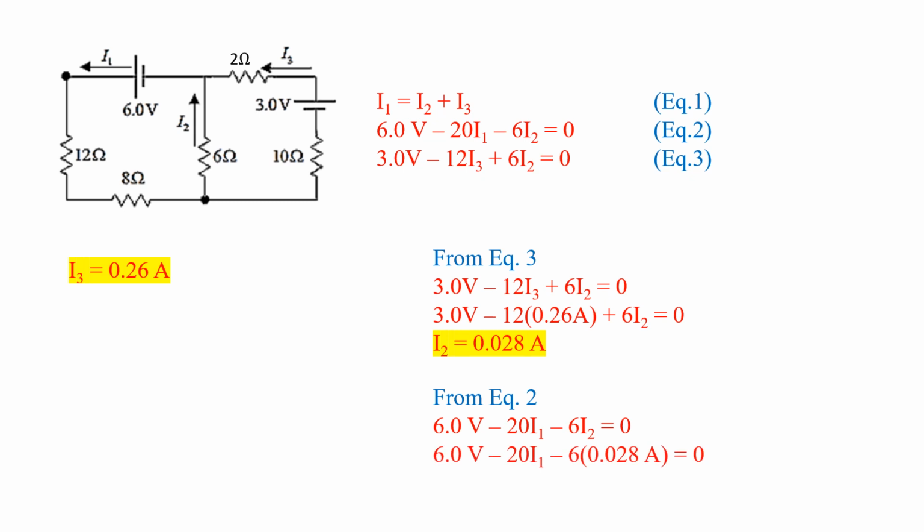And your I1 is equal to 0.29 amperes. And you can verify your answers using equation 1. That is, your 0.26 plus your 0.028 should equal 0.29 amperes. If that is equal, your I1 is equal to I2 plus I3, then the values for your current are correct.